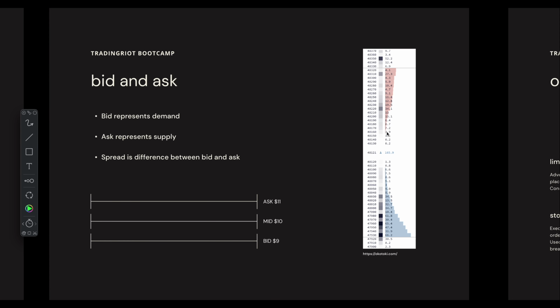Hope my math is correct here. Yeah, if someone would just step in here and aggressively buy 5.4 Bitcoin, the market would immediately be trading at this 48,170 price, because all these orders resting here would get taken away from the book, and the market would jump basically $40 higher.